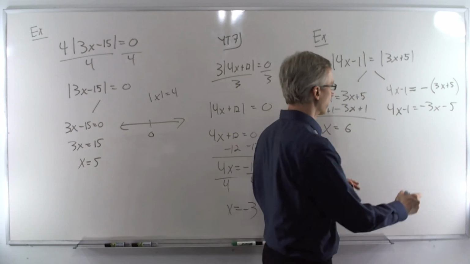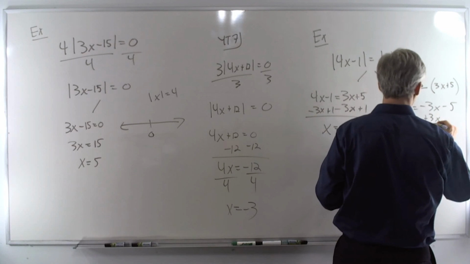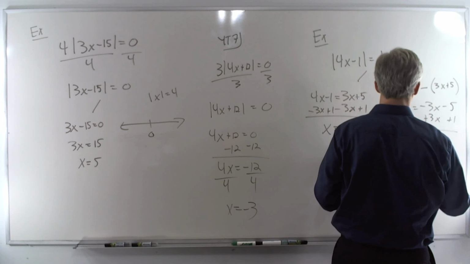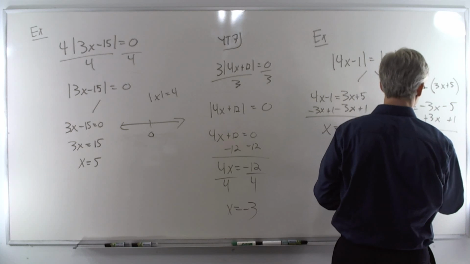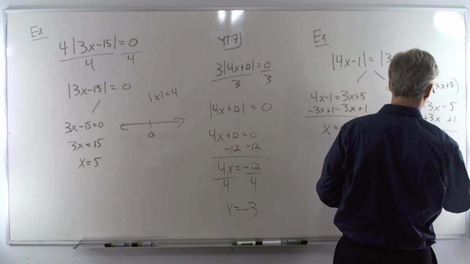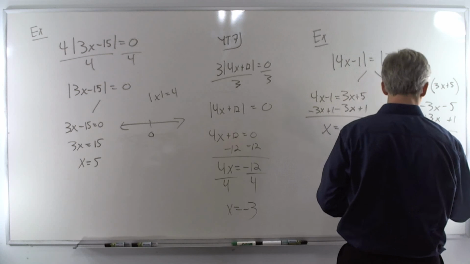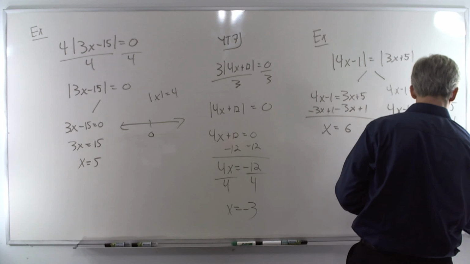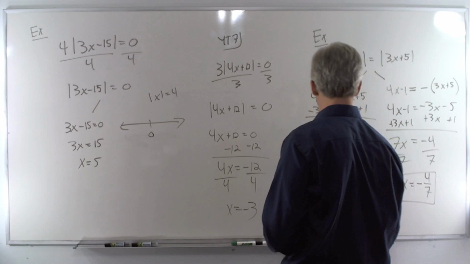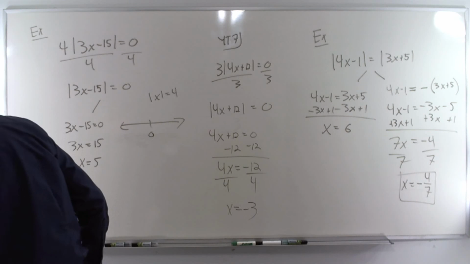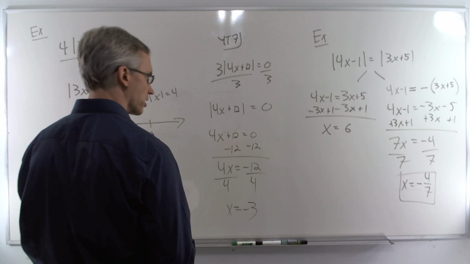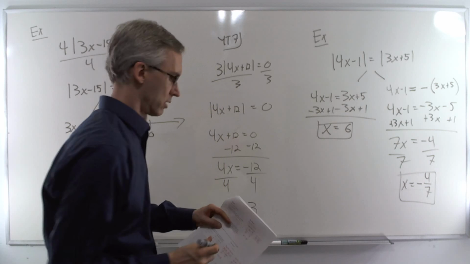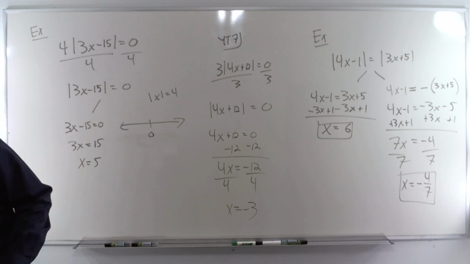And we can solve from here. So I'm going to add 3x to both sides and add 1 to both sides. So that gives us 7x equals negative 4, divided by 7, and we get x equals negative 4/7. So there's our two solutions. Your turn, number 8.